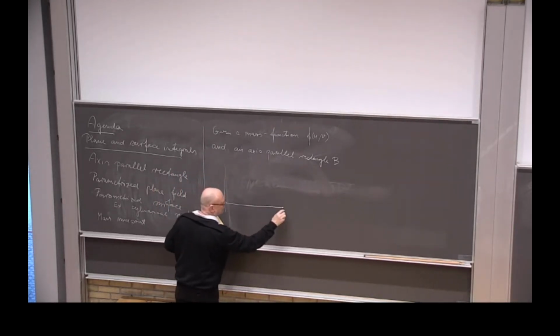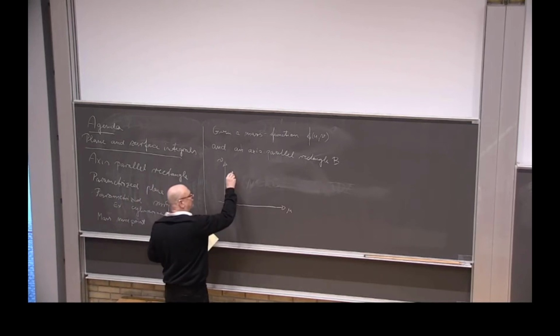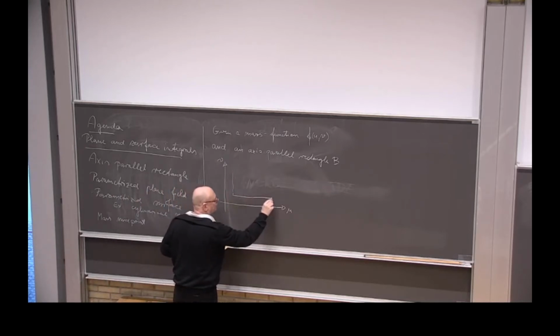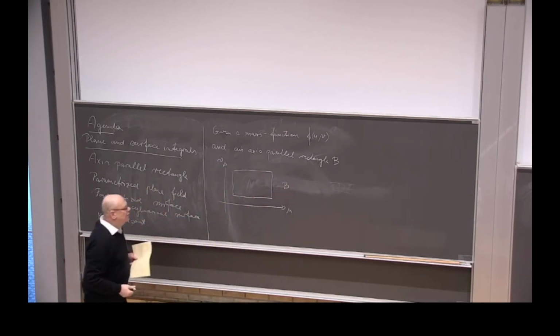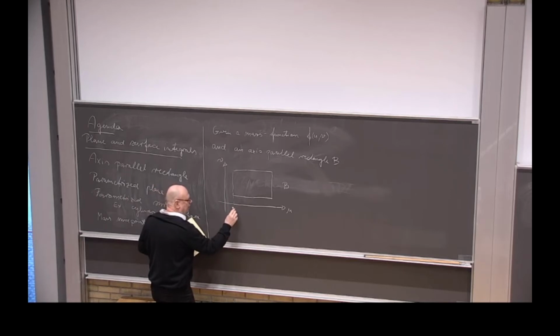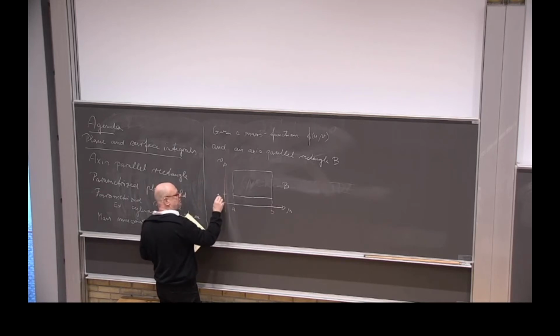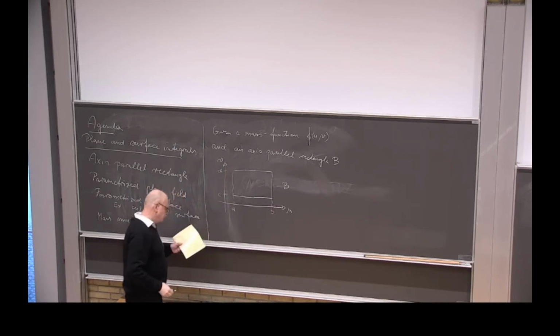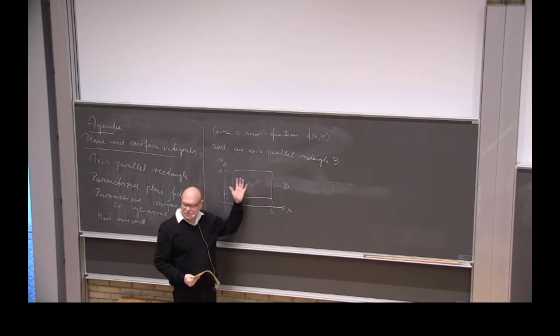I draw here the new space, and let this be the axis parallel rectangle, and in the u direction it goes from A to B, and in the v direction it goes from C to D. And the question could be, given a mass distribution over this rectangle here, what does this rectangle weigh?